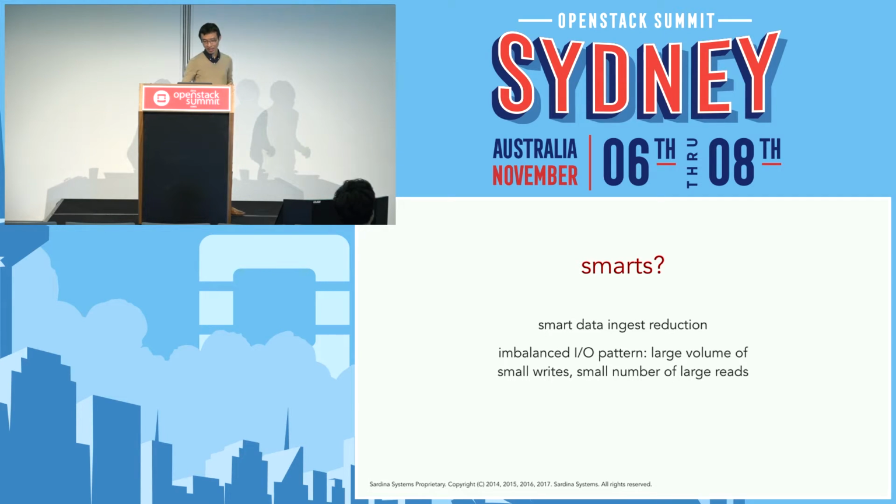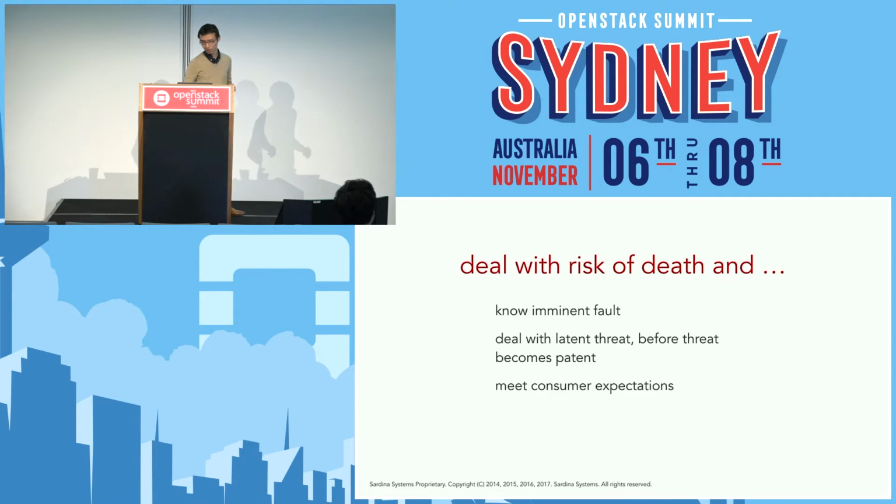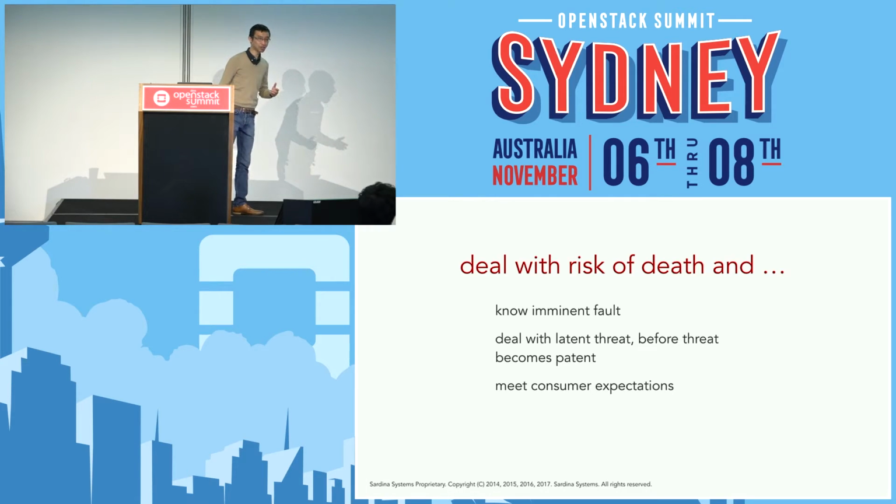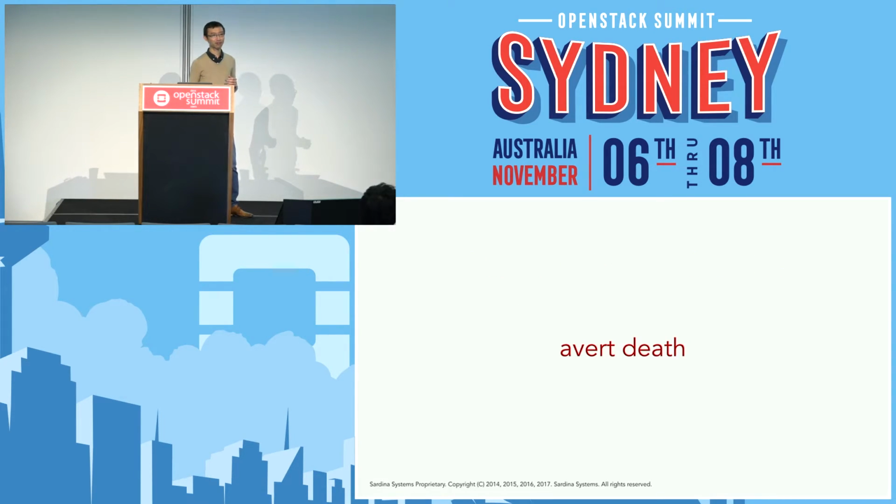But if we can deal with these problems, we would know of imminent fault. We can deal with threat while it's latent before it becomes patent. We can meet consumer expectations, and most critically, we can avert death.